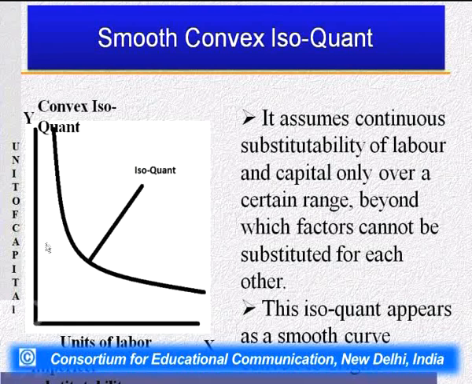Sometimes we decrease the units of capital and increase the units of labor. Then we again decrease some units of labor and increase some units of capital. Now when we draw the figure, the shape is in this form, which clearly emerges. It assumes continuous substitutability of labor and capital. When you increase one factor of production, you can decrease the other factor simultaneously. So this isoquant appears as a smooth curve convex to the origin.